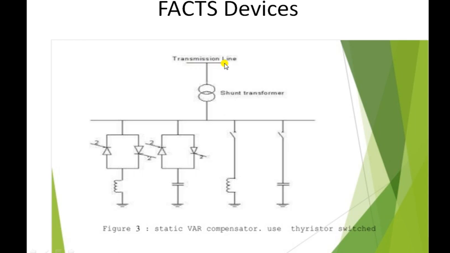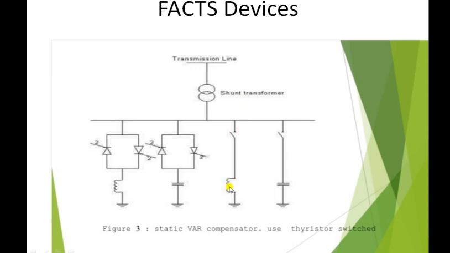In the opposite case, suppose we are facing the problem of low load, and in that case the voltage at the transmission line suddenly increases. Voltage increasing means there is excessive reactive power, and we should have some device which can consume this excessive reactive power generated in the transmission line. In that case, using this switch we can add this inductor, or this particular inductor controlled by thyristors, into the circuit.